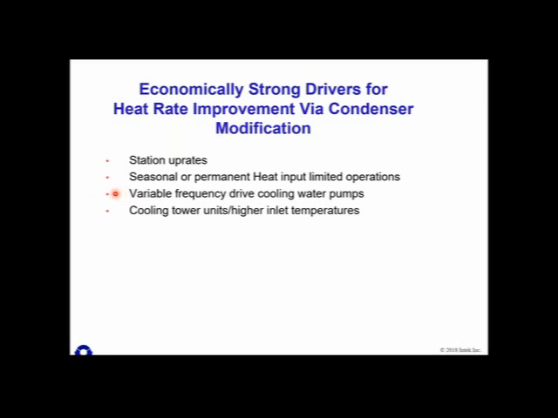I've talked about the variable frequency drive cooling water pumps. Those are kind of rare, but if you do have them, there's a strong driver to improve the condenser. And if you have cooling towers, generally they will provide higher inlet temperatures, and so at higher inlet temperatures, you have very strong drivers for going forward with a condenser retrofit project.